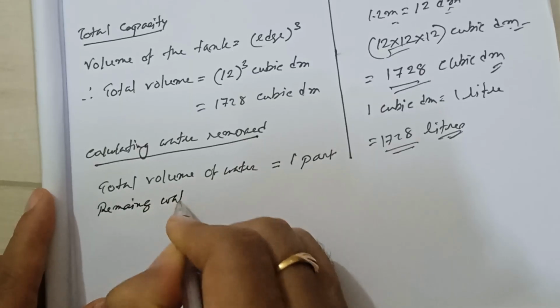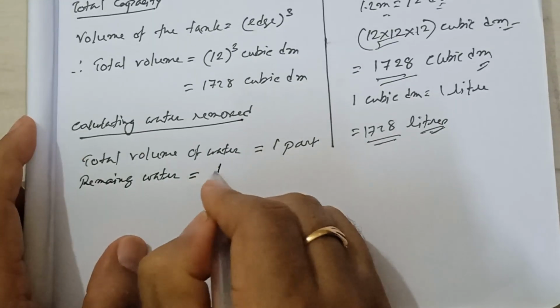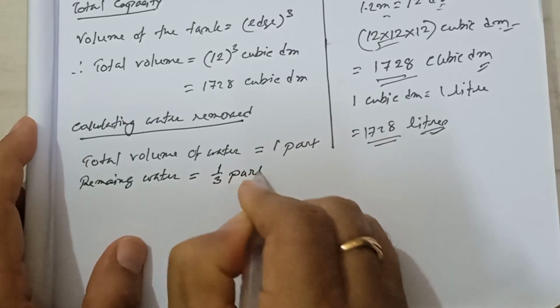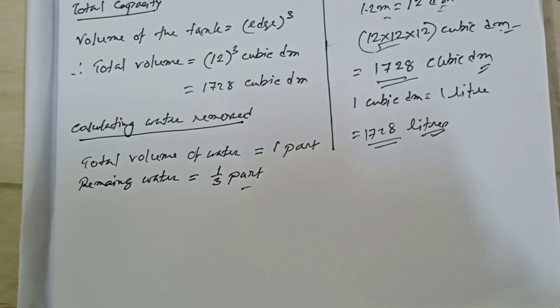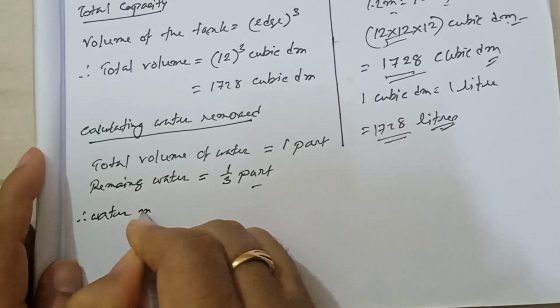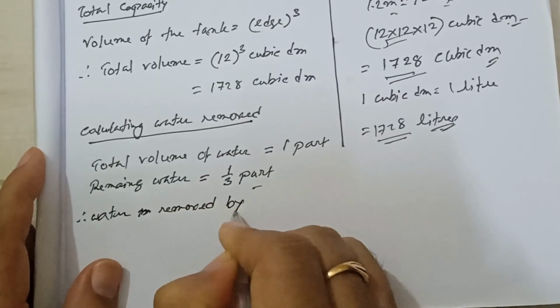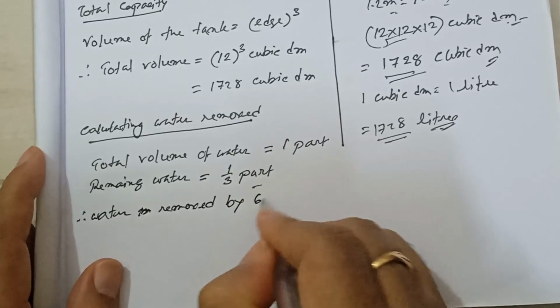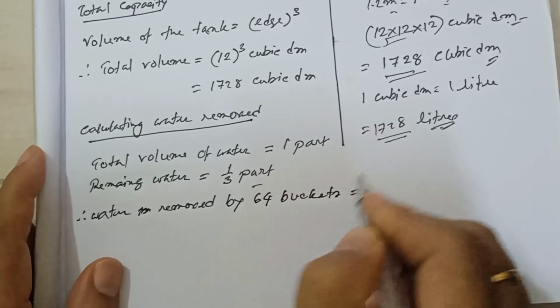Remaining water is 1 by 3 out of this 1 part. Okay, 1 by 3 part is left. So the water was removed by how many buckets? 64 buckets.